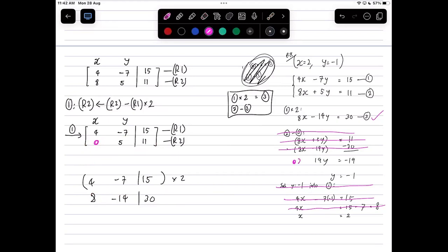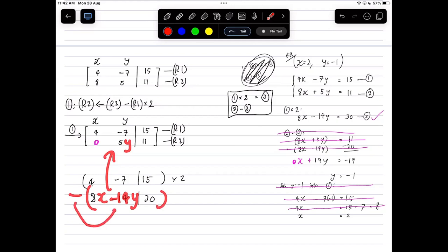Just like over here, we have a 0x plus 19y. If you continue, here you're left with a 5y, here you have a minus 14y. You're subtracting it, so 5y minus away negative 14y gives you 19y.